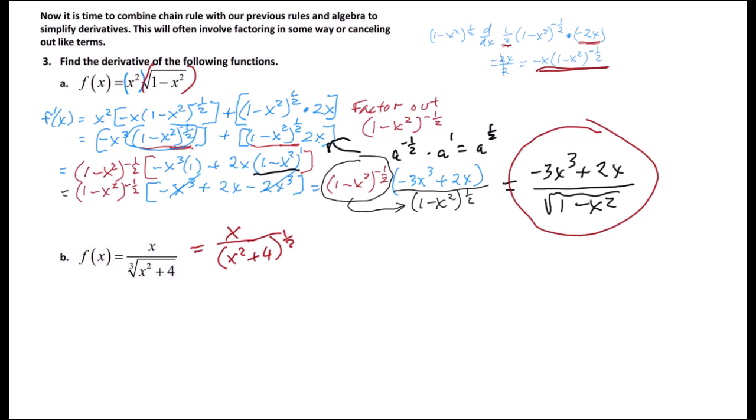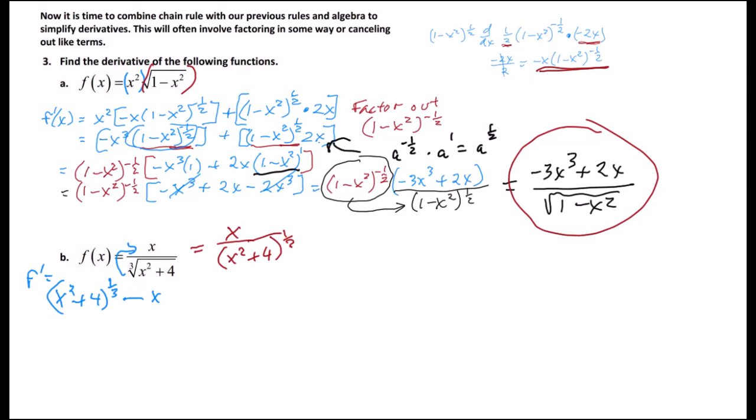It says take this bottom thing, bring it up, so I've got x squared plus 4 to the 1/3 times, this is f prime by the way, times the derivative of my top value. Well, derivative of x is just 1. Okay. Minus x times the derivative of the second.